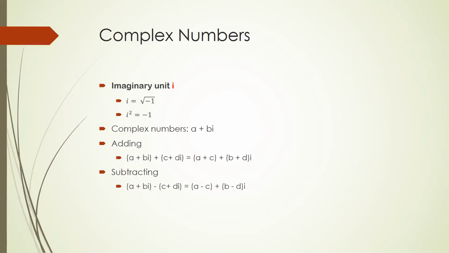a plus b times i plus c plus d times i is the addition rule for complex numbers, where you can rewrite it as a plus c plus b plus d times i.